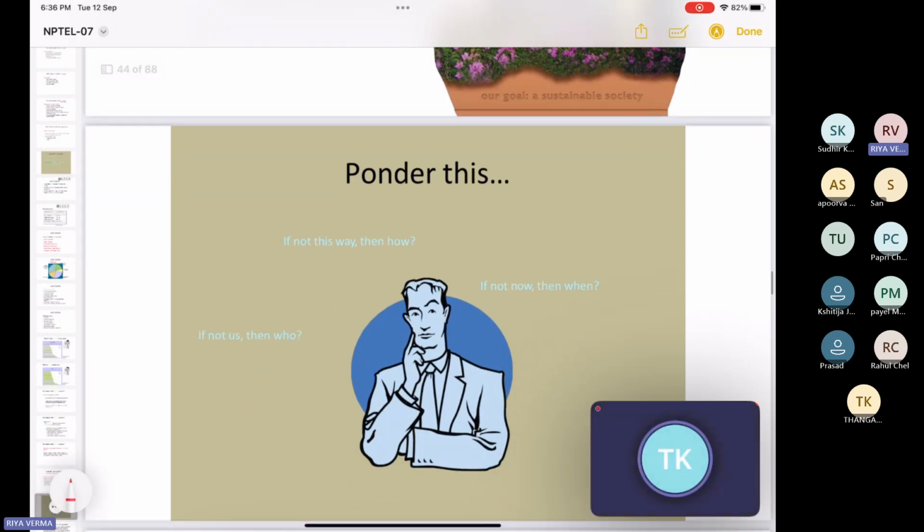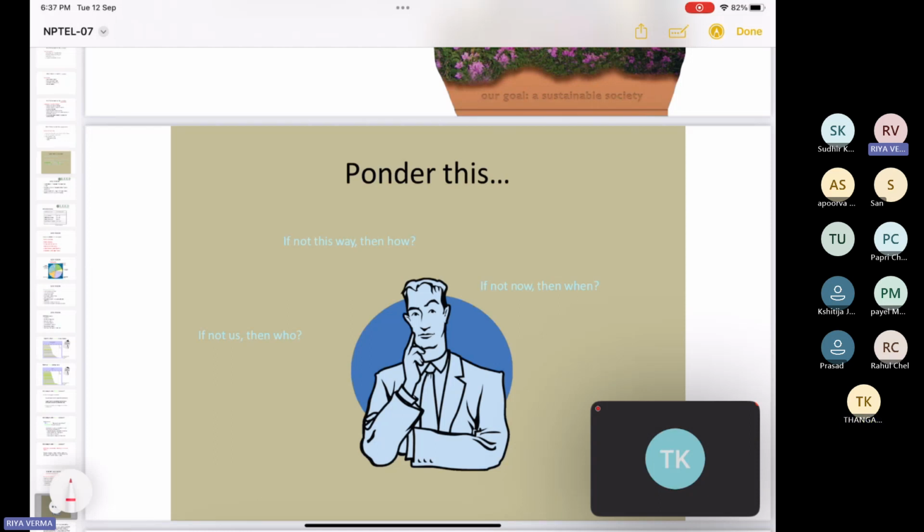So these are all the questions that we should ask ourselves while designing any project. If not this way, then how? Like, if it can't be done this way, then how can it be done? We should also seek solutions. If not us, then who?